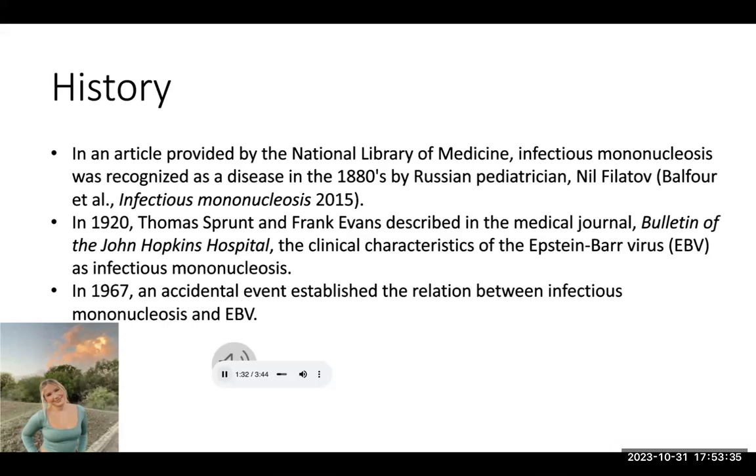A lab test for infectious mononucleosis was developed in 1931 by Yale School of Public Health professor John Paul and Walls Bunnell, based on their discovery of heterophile antibodies in the sera of persons with this disease. The Paul Bunnell test, or PBT, was later replaced by the heterophile antibody test.